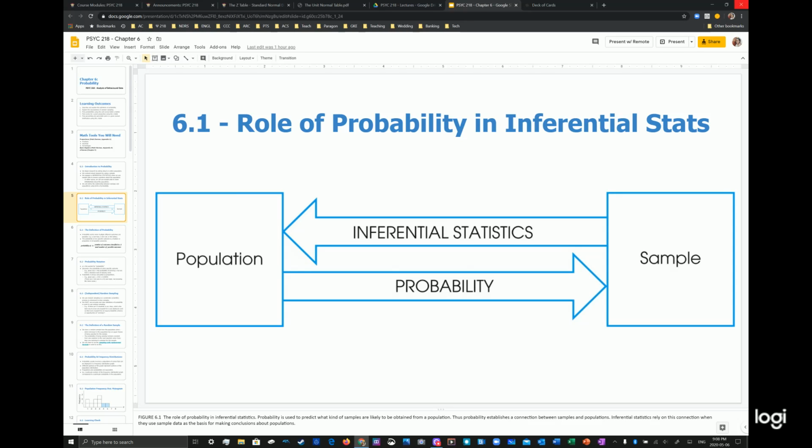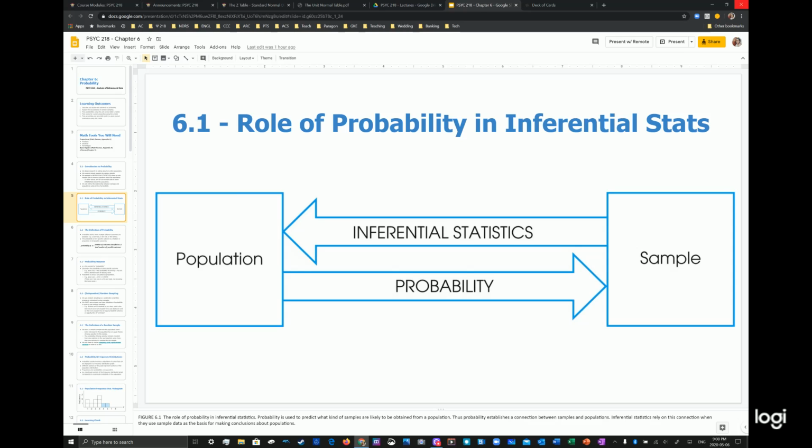When we ask questions like, is a sample really the same or different from a population, especially if we apply a treatment to the sample, then we're engaging in inferential statistics, where we look at whether a sample distribution is far enough away from the mean or the expected value of the population distribution for us to say, yes, they're really different, or it's close enough that they're the same.